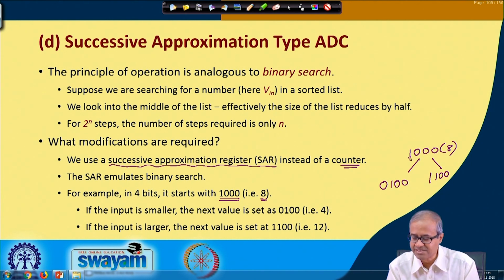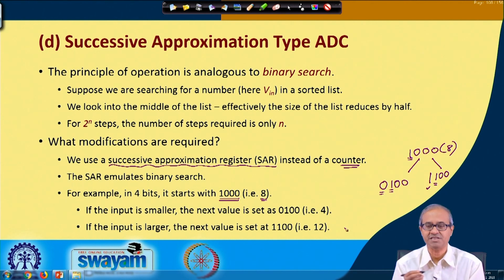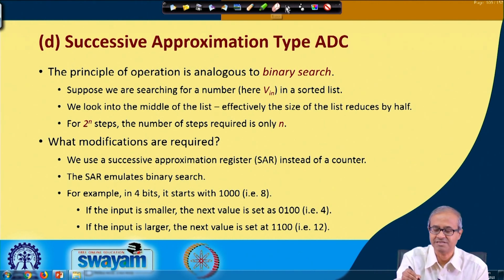If the input is less, then this 1 is made 0 and the next bit is made 1. But if it is the other way around, this 1 remains 1, I do not change it, and only the second bit is made 1. This is what we are doing repeatedly, and this emulates binary search. This is the role of the successive approximation register.